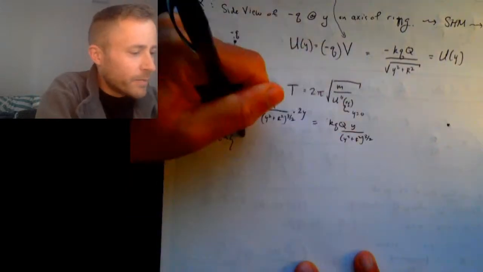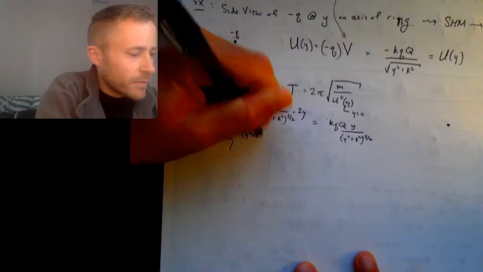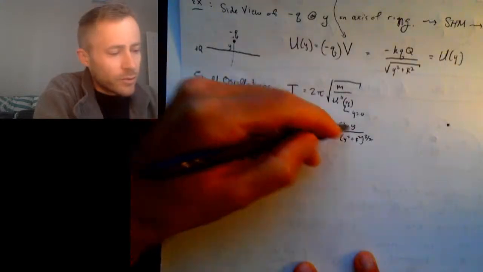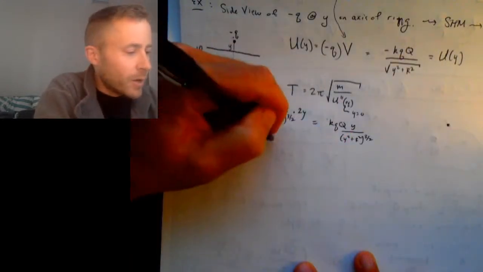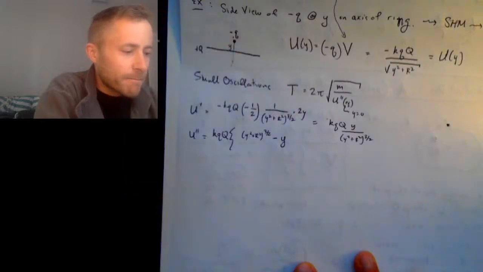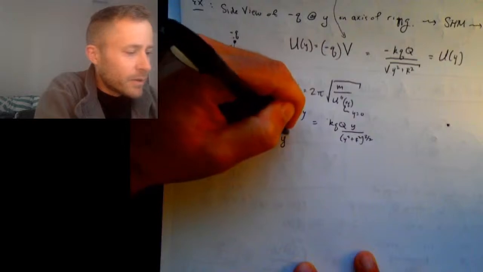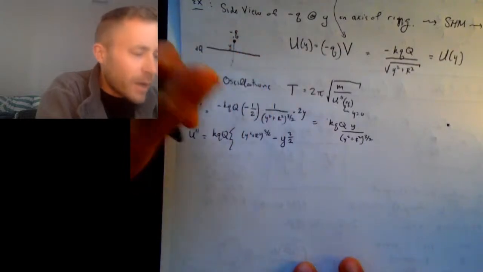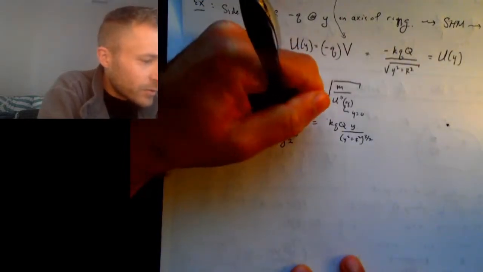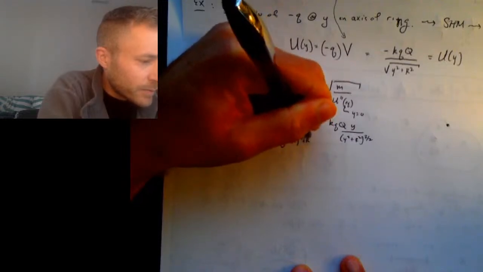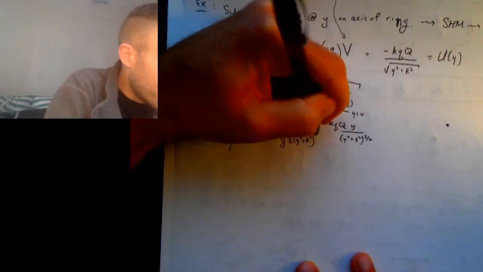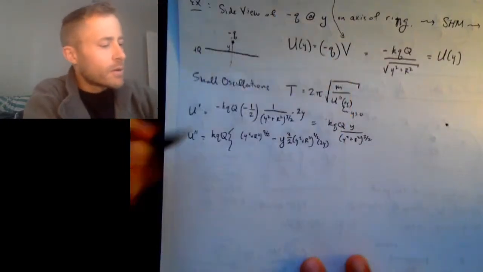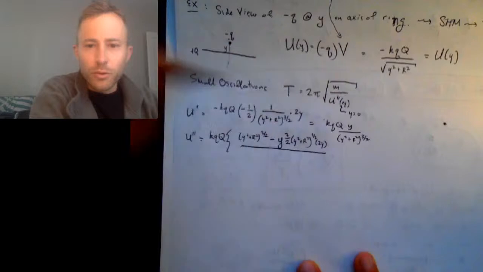So low d high, which is just the derivative of y is just going to be 1, minus high d low, so that's going to be 3/2 times y squared plus r squared to the 1/2 times 2y over low squared.